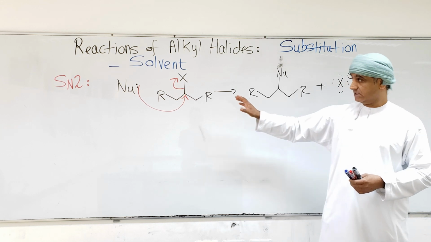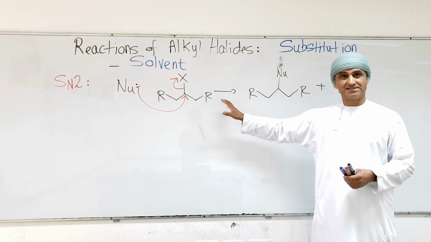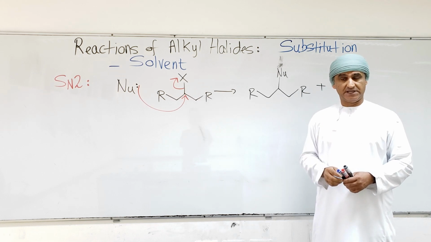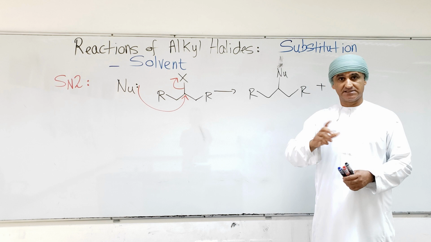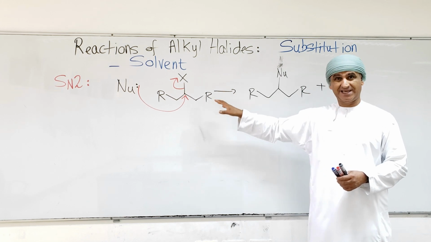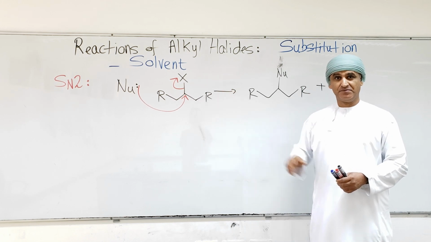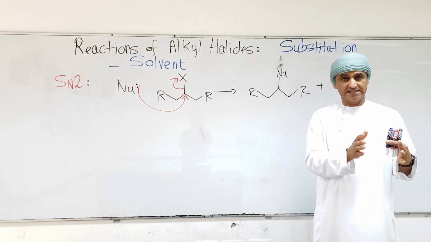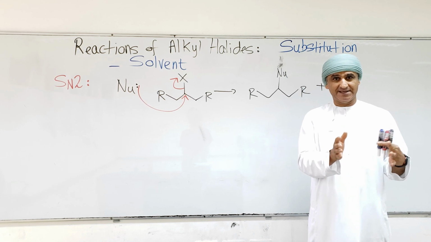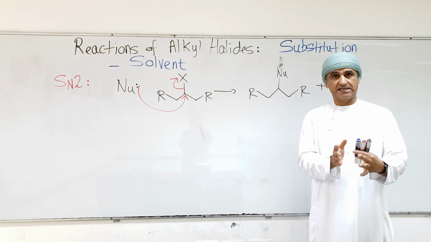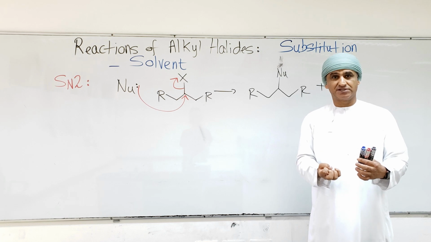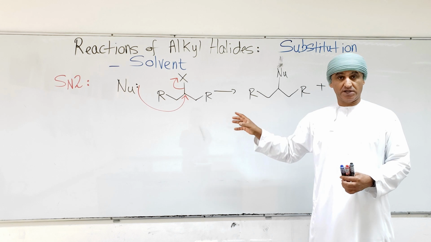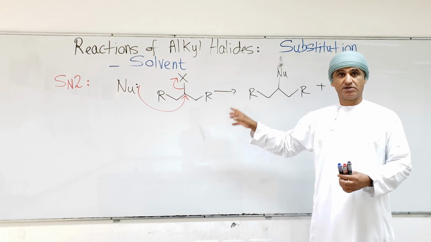For the reaction to take place in one step, nucleophilic attack followed by departure of the leaving group, the nucleophile must go and attack quickly. This is a one-step reaction, so the nucleophilic attack should be facilitated. It should not be hindered. Anything that hinders the nucleophilic attack in this reaction will slow down the reaction, if not stop it at all. Therefore, the solvent should not hinder the nucleophilic attack.